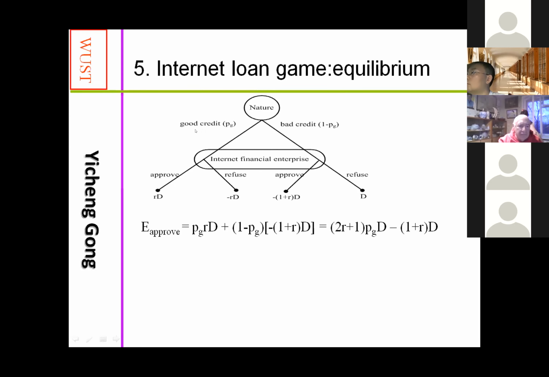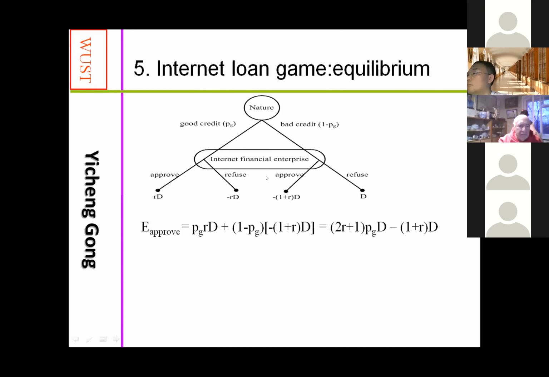If the applicant is of good credit, then it will get RD, but this event only happens with probability PG, so PG times RD.